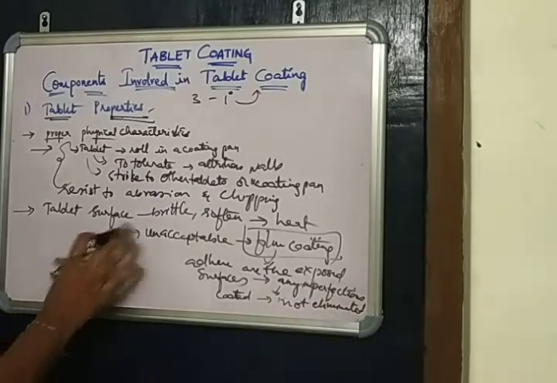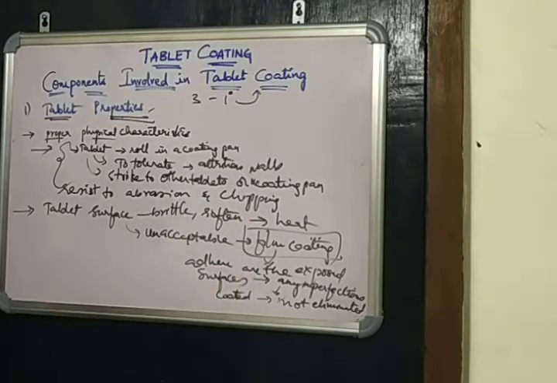Due to the presence of heat, the tablet surfaces become brittle or softened. Such tablets are unacceptable for film coating, because the coating material will adhere to all the exposed surfaces. Small imperfections get coated and are not eliminated during the coating process. This is about film coating.